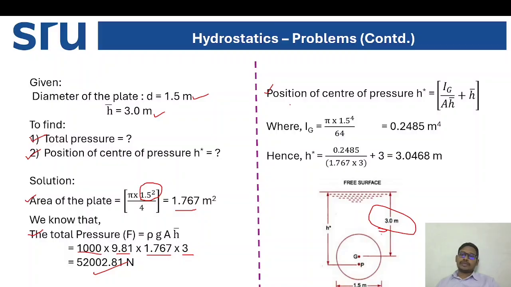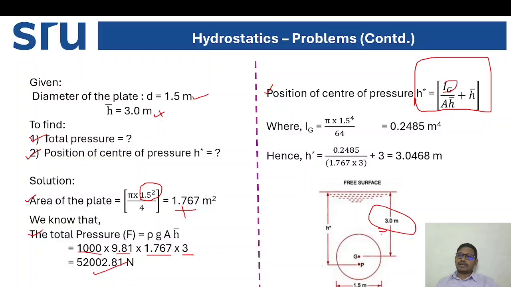Position of the center of pressure, H star, is equal to Ig by A into H bar plus H bar. Already we have found H bar, that is 3 meters, and area we just calculated, that is 1.767, and we need to know Ig.